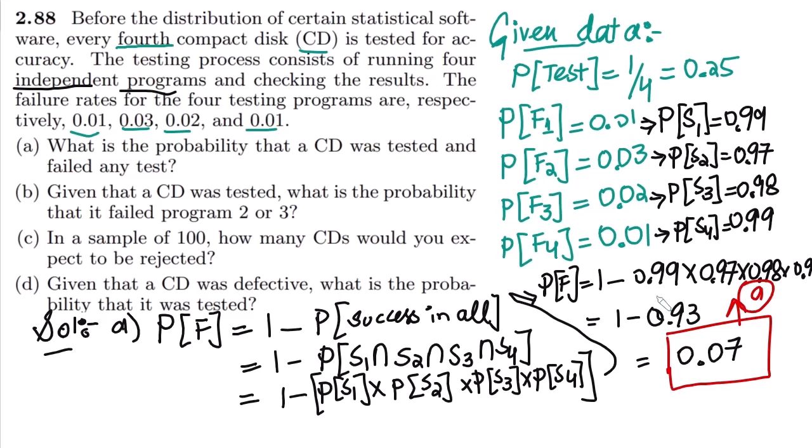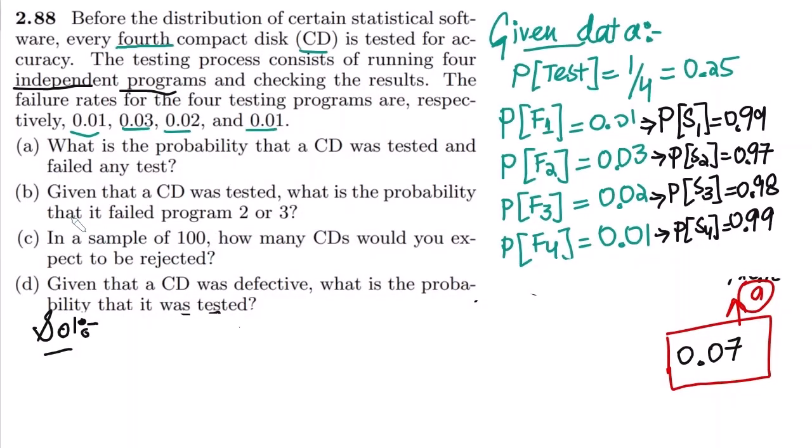Now in order to find the solution of part B, let me first remove it. So in part B, we have to find that given that a CD was tested, what is the probability that it failed program 2 or 3? So this is part B, and we have to find the probability that it has failed program 2 or program 3.